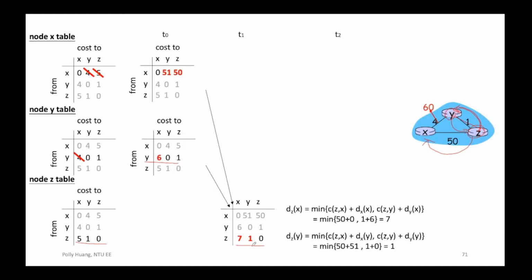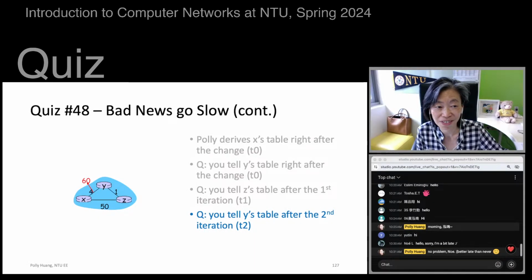If we continue on, as z here finished calculating dz, this is going to go out and reach node y and node x. As a result, node y here can calculate dy again, given the new dz. So let's try to calculate y's table at T2.